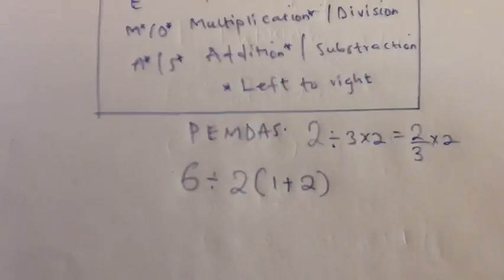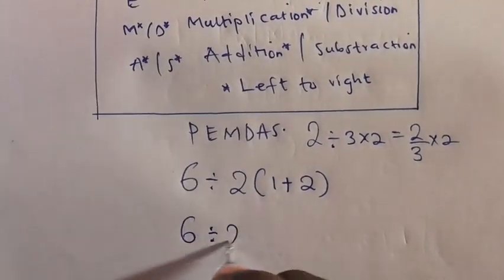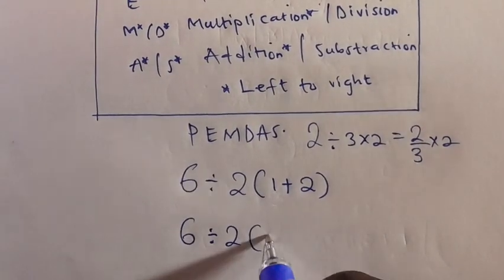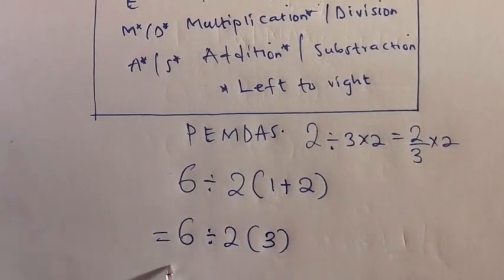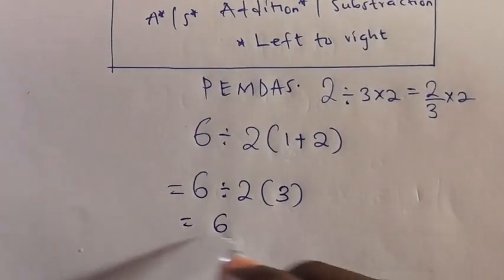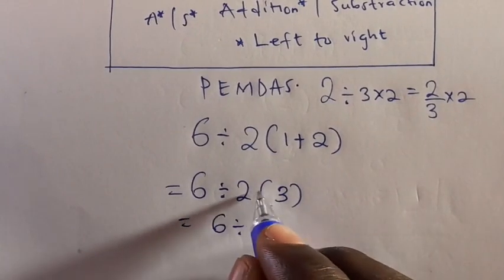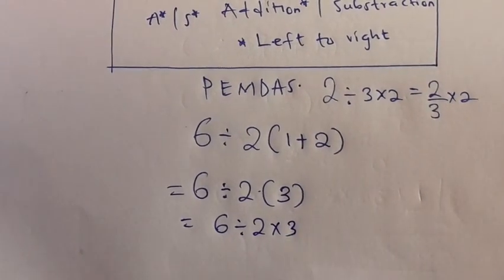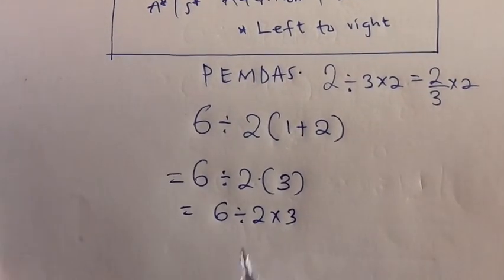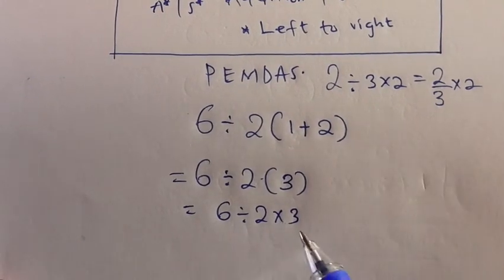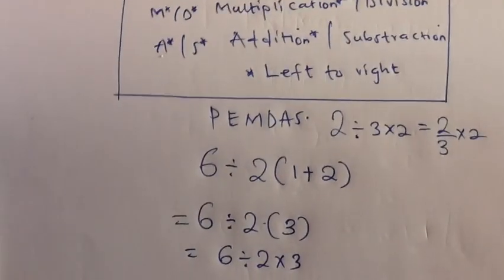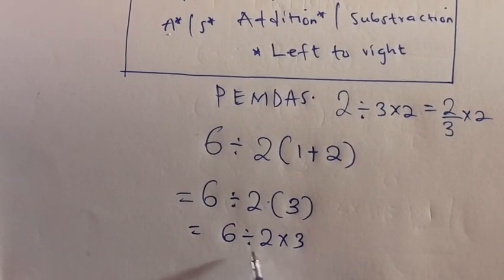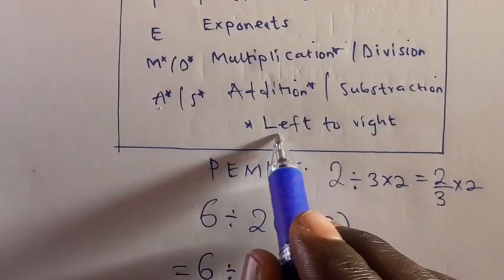So that means we can have here 6 divided by 2 into, by opening this one, we have it to be 3, and we are going to have this to be 6 divided by 2 times 3. Now in the case of having division and multiplication, BIDMAS and PEMDAS are trying to tell us that no one is more important than the other, so we can start our order of operation from the left to the right.